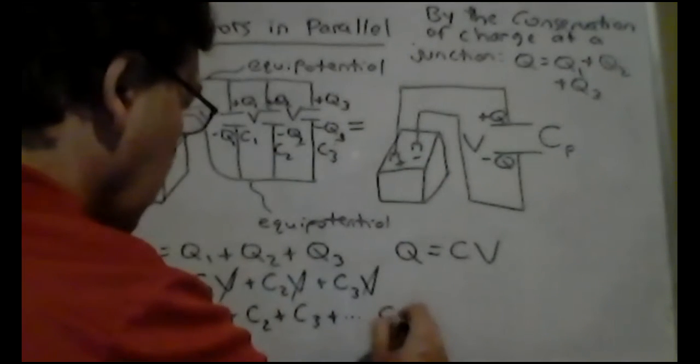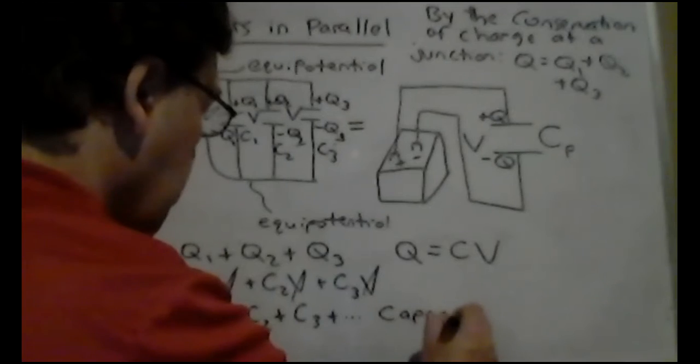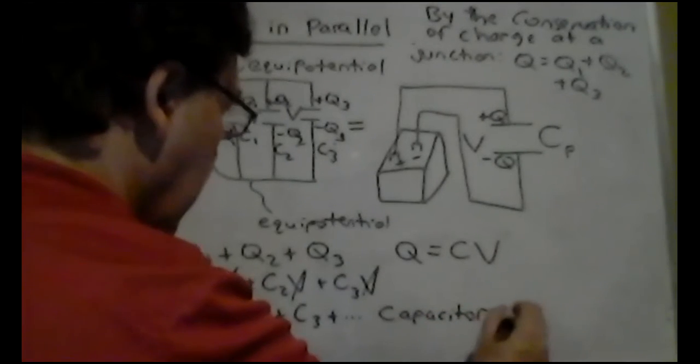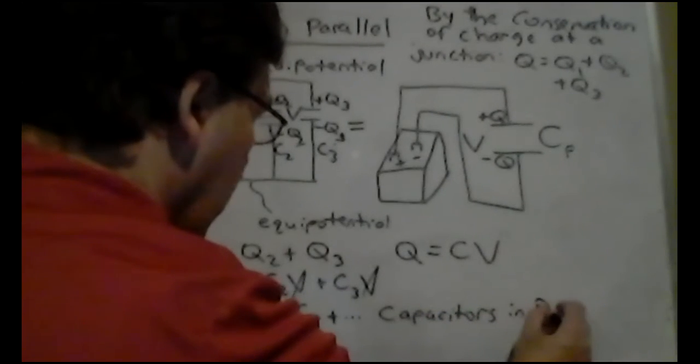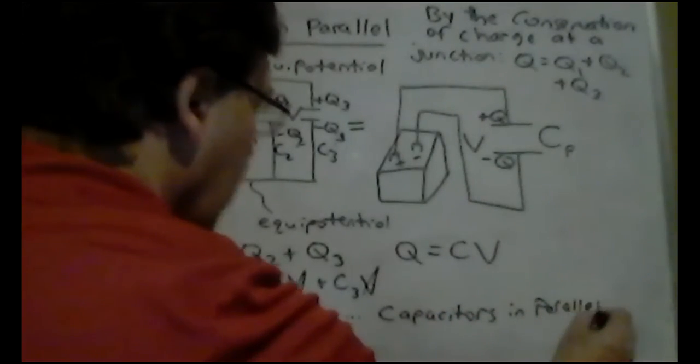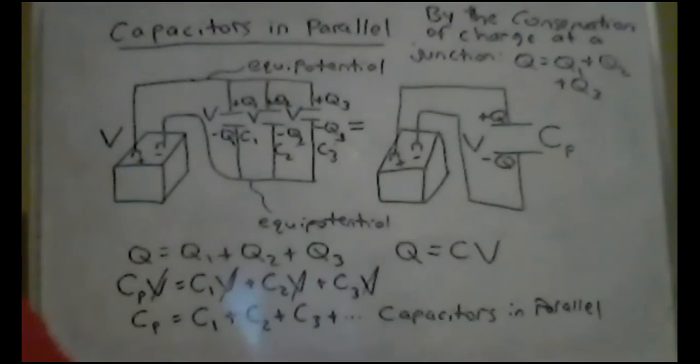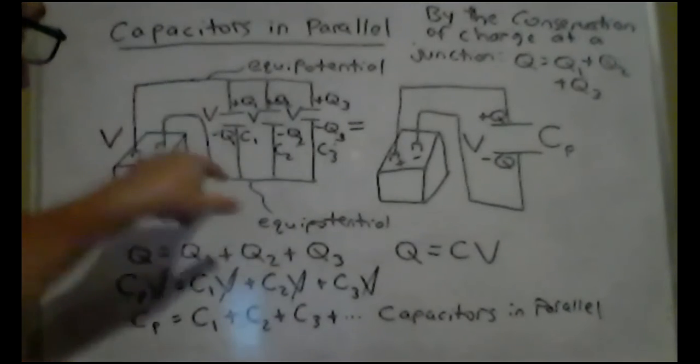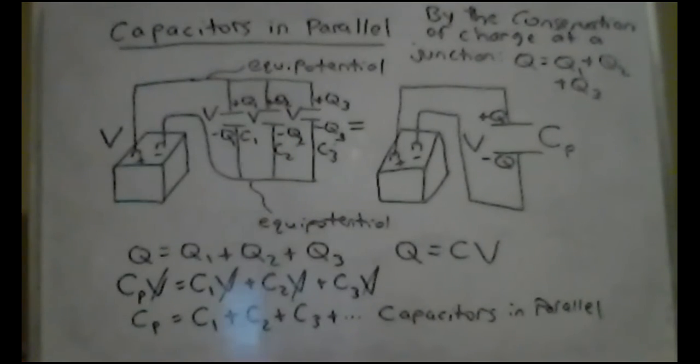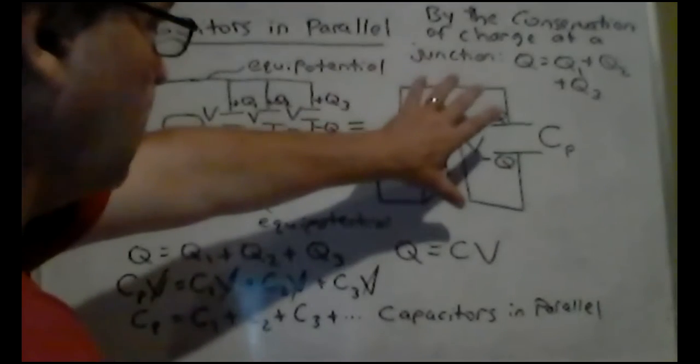Again, these are capacitors connected in parallel. So the equivalent circuit with a capacitor C sub P would be arrived at by literally just adding up all the capacitors that are in parallel. So it's very simple. All right, so this is an equivalent circuit.